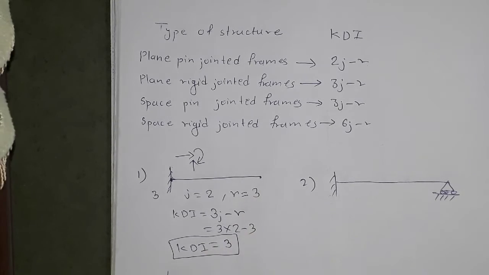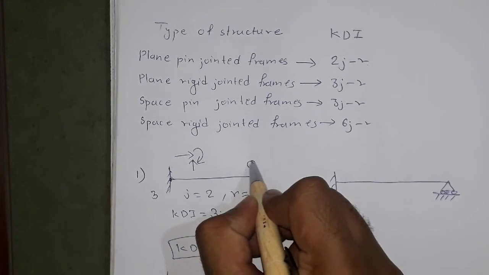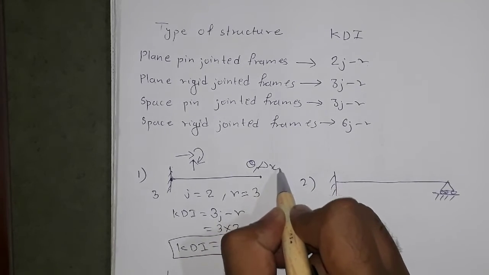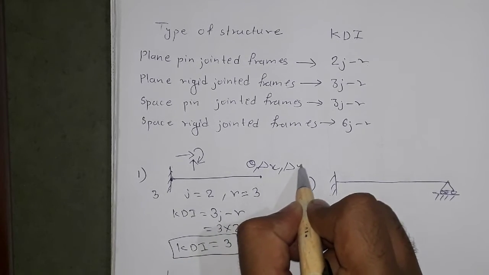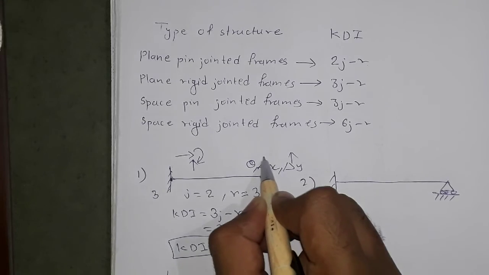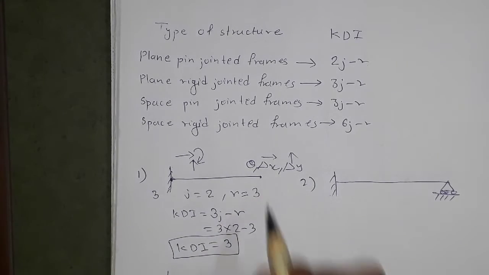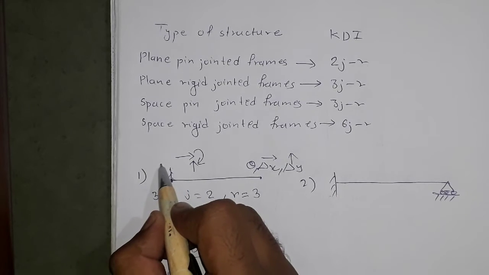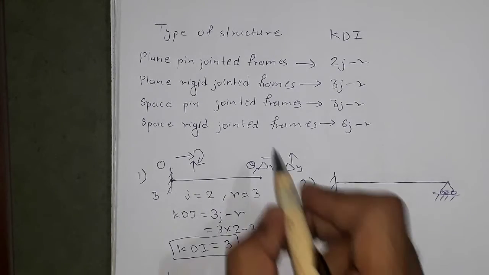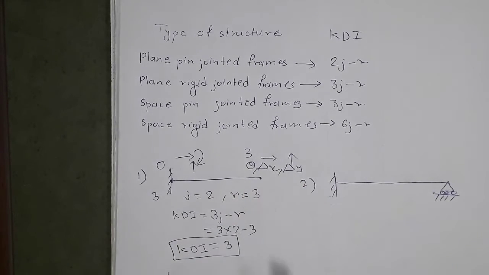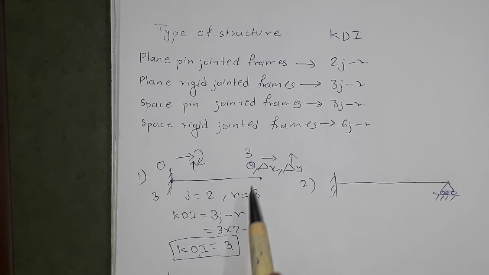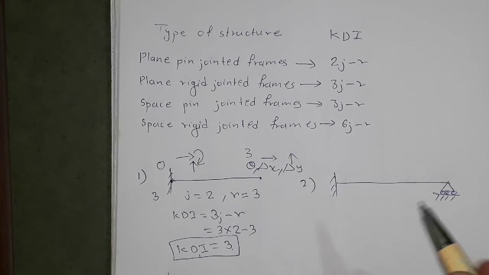And for free, rotation will be possible, displacement in x direction will be possible, and displacement in y direction, that is vertical displacement, will also be possible. So this joint's displacements are 0, at this joint 3. So total independent displacement will be equal to 3. So KDI is 3. You can go by formula or you can solve by each joint.